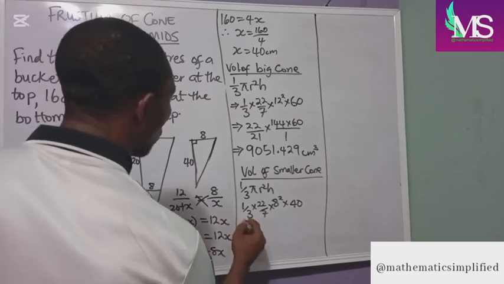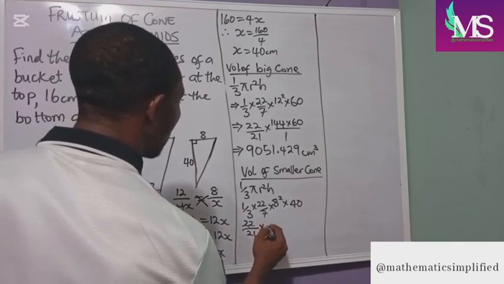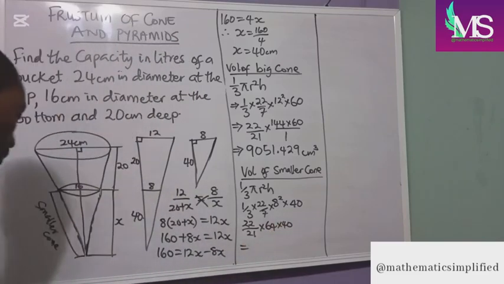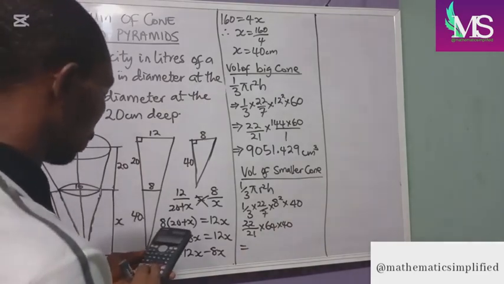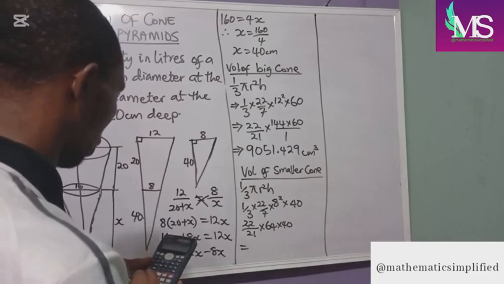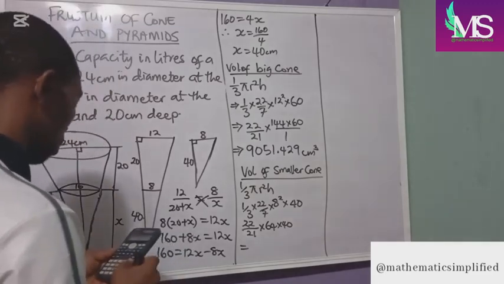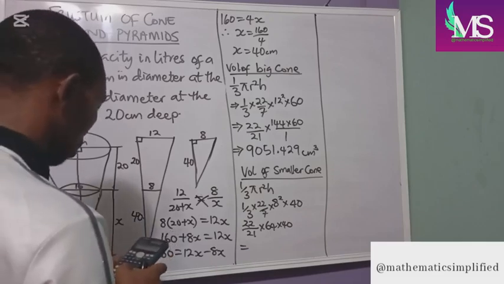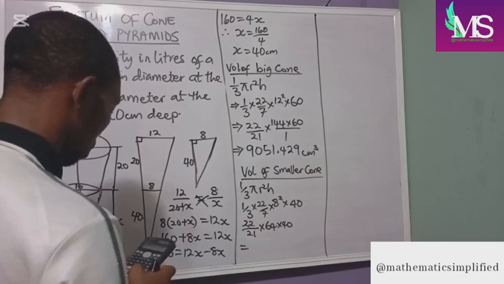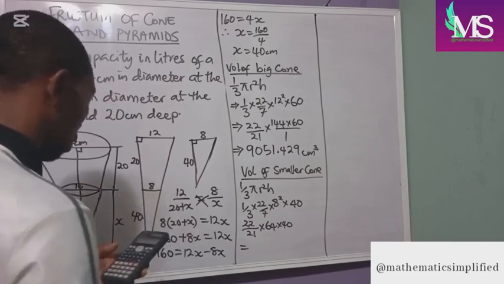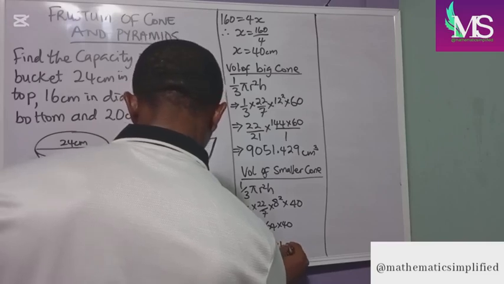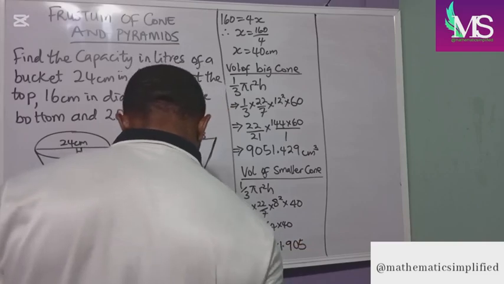So this becomes 1/3 times 22/21 times 64 times 40, which will give us 22 times 64 times 40 divided by 21. That will give us 2,681.905.